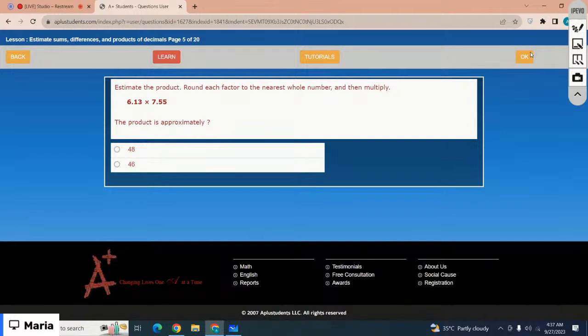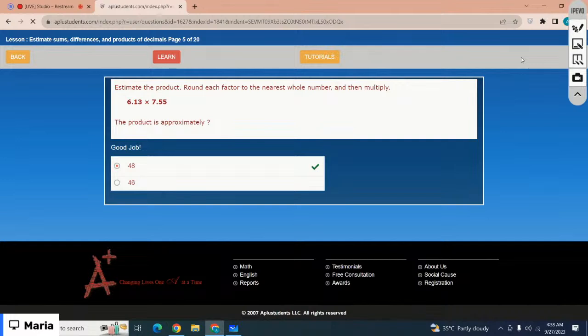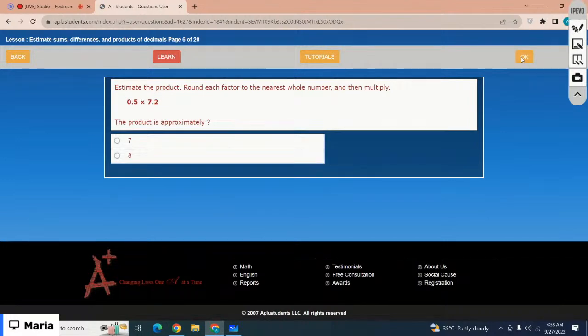So which is the correct option? So the correct option is, that would be 48, right? 6 times 8 it is. Yes, it is 48.